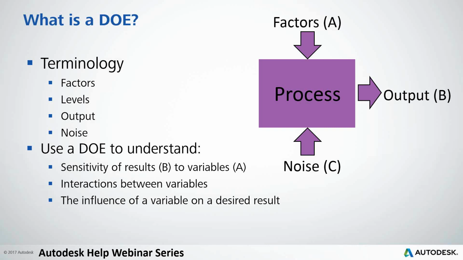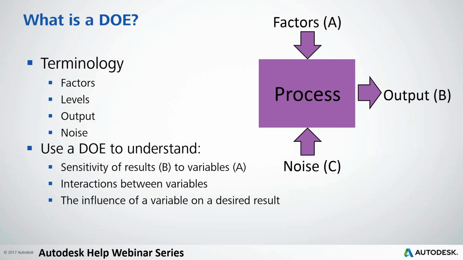In an Autodesk Moldflow DOE, we will call these variables. Levels are settings of each factor or variable, such as the actual temperature values, the pressure values, or the actual fill times. Output is what you get from the experiment. In an Autodesk Moldflow Insight DOE, we will call the output results.